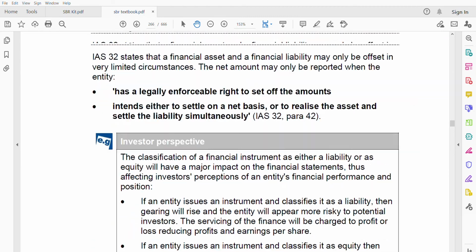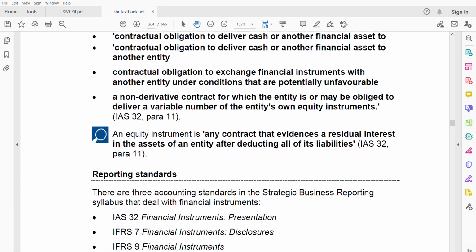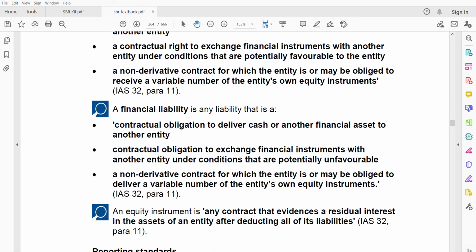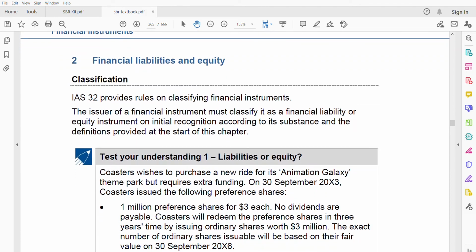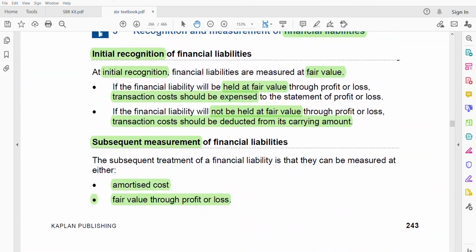When we classified financial liability, we said non-derivative contract, remember? Financial liability is any non-derivative contract only. If it is a derivative, then it's a derivative instrument, not a financial liability. So that's what they have told here.